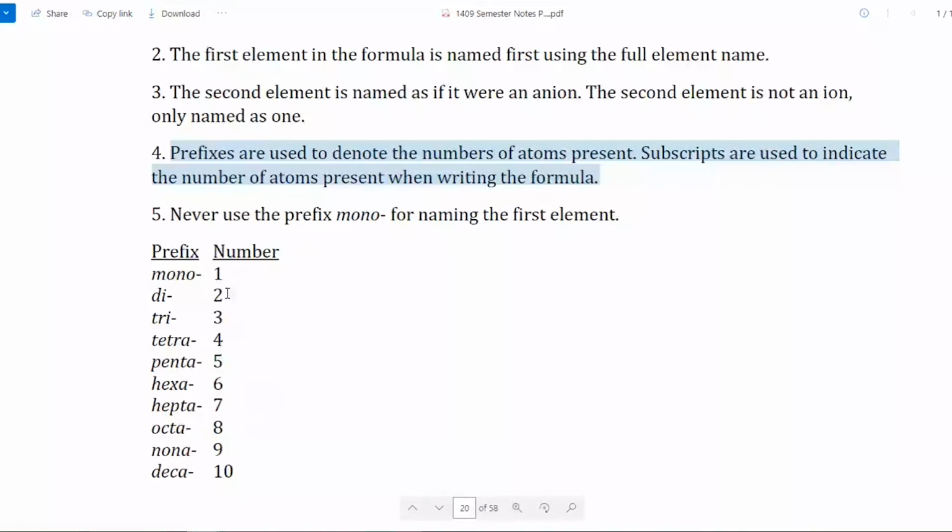Everybody should know the first 10, and I think most people remember the first 10. And so you always use prefixes. And rule number 5, just a caveat here, you never use the prefix mono at the beginning. Otherwise, you use prefixes for everything.